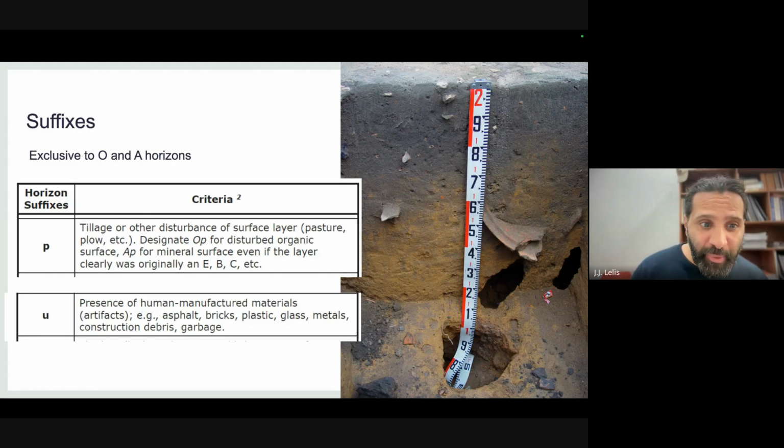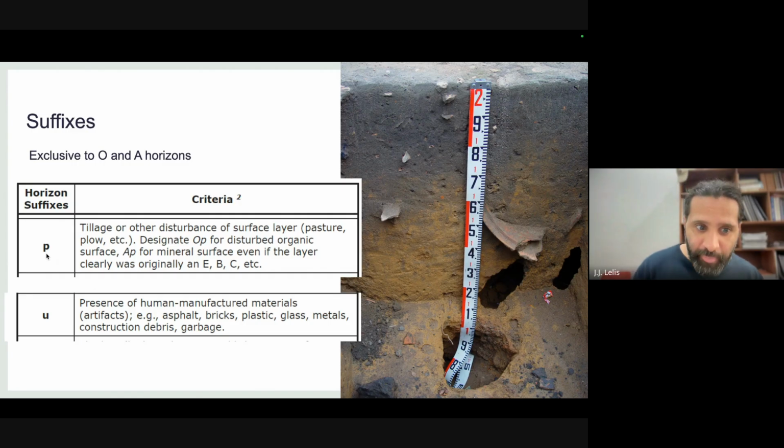In the case of the P suffix, we use it to express human action on the surface, in the O or A horizons, that express some kind of modern action, like humans adding some nutrients by fertilizers, or mixing the soil for agriculture, plowing or doing some pasture, compacting any kind of material related to agriculture and ancient activities.